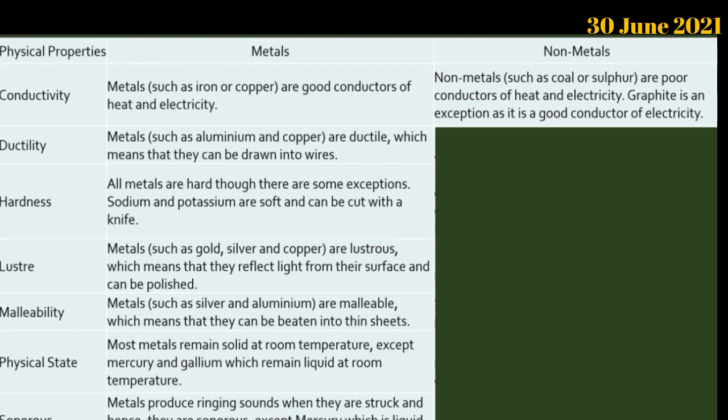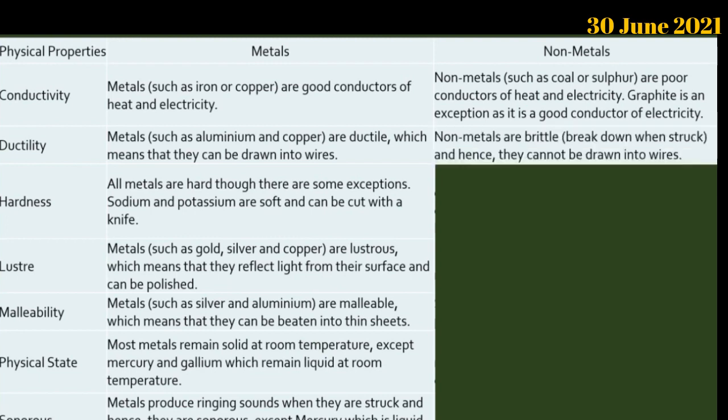Now we'll do an experiment to prove that graphite is a good conductor of electricity in the next tutorials. In the same way, next is ductility. Metals are ductile, whereas non-metals will break down into powder. They cannot be drawn into wires.